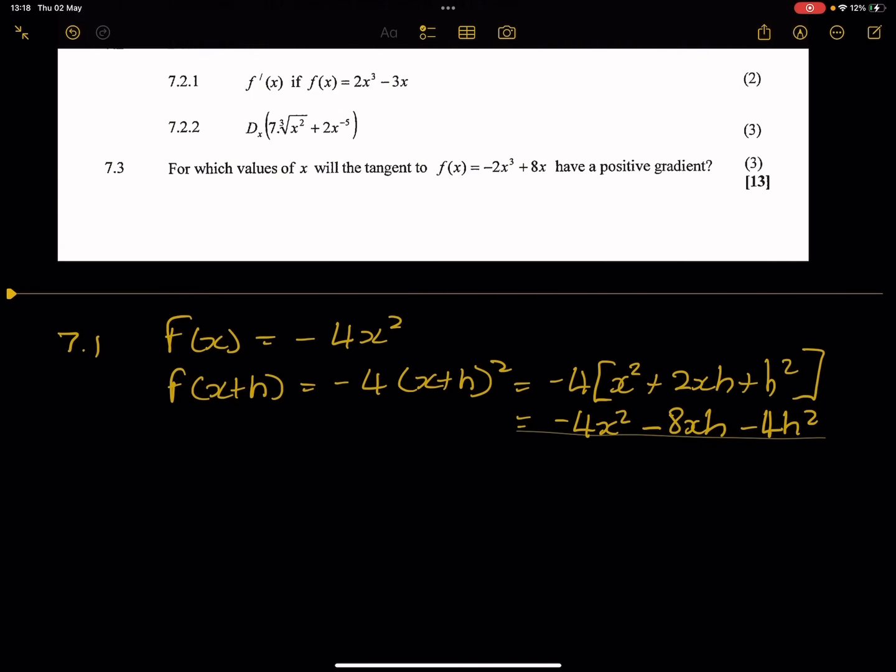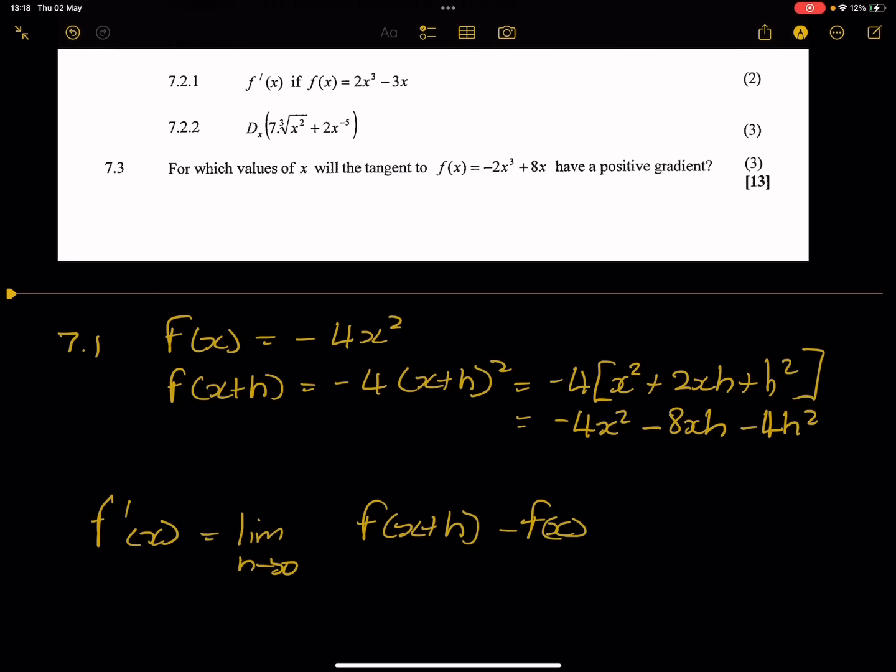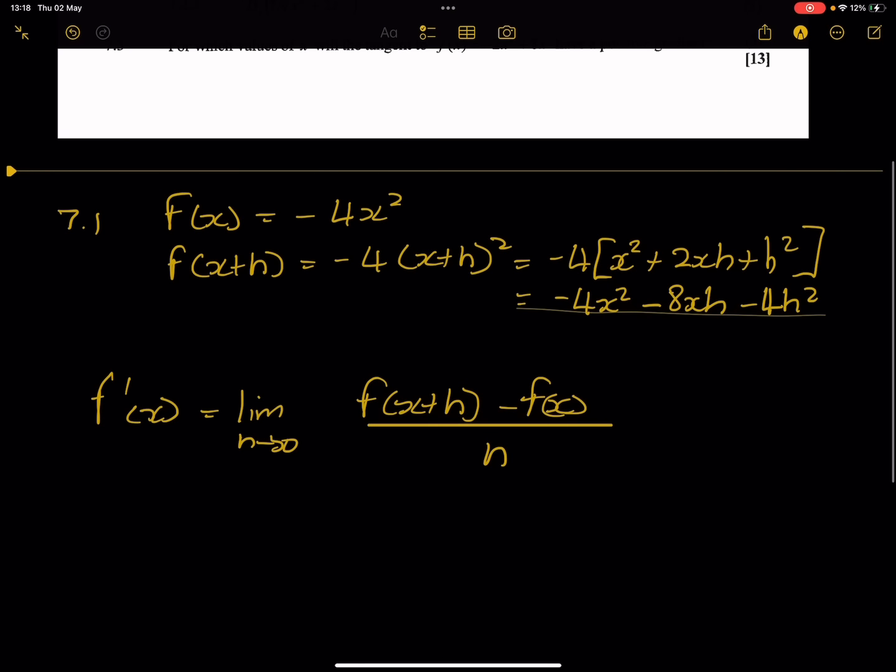So to find f prime, we take the limit as h tends to 0 of f of x plus h minus f of x, divided by h. I'm simply going to substitute there, h tends to 0.